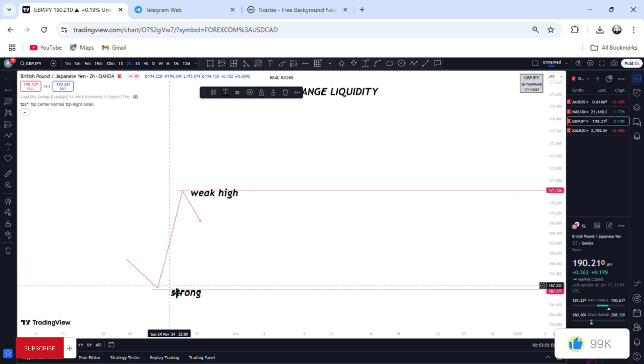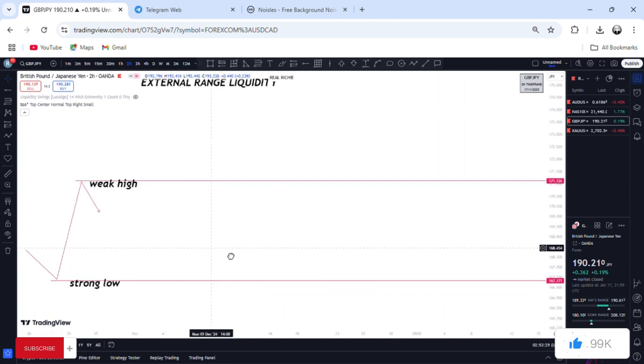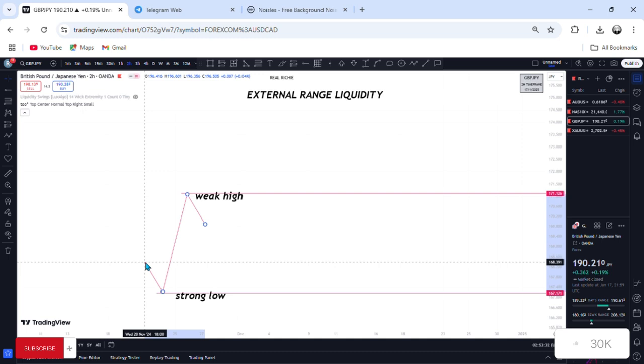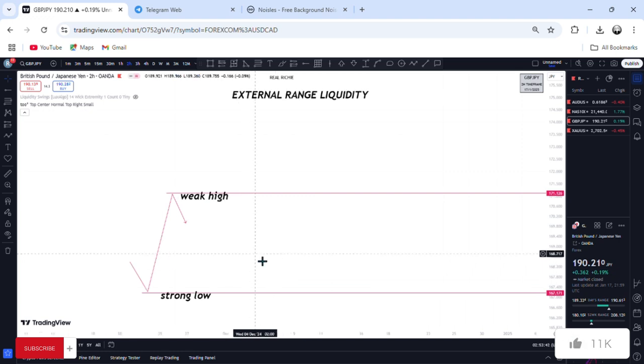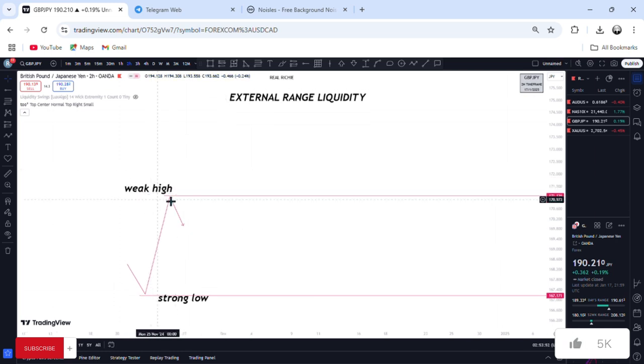Now, let me explain the reason why this is a weak high and you have a strong low here. The reason is that every liquidity zone always gets cleared by the price. So the reason why this is called a weak high in a bullish scenario is because it will get cleared.